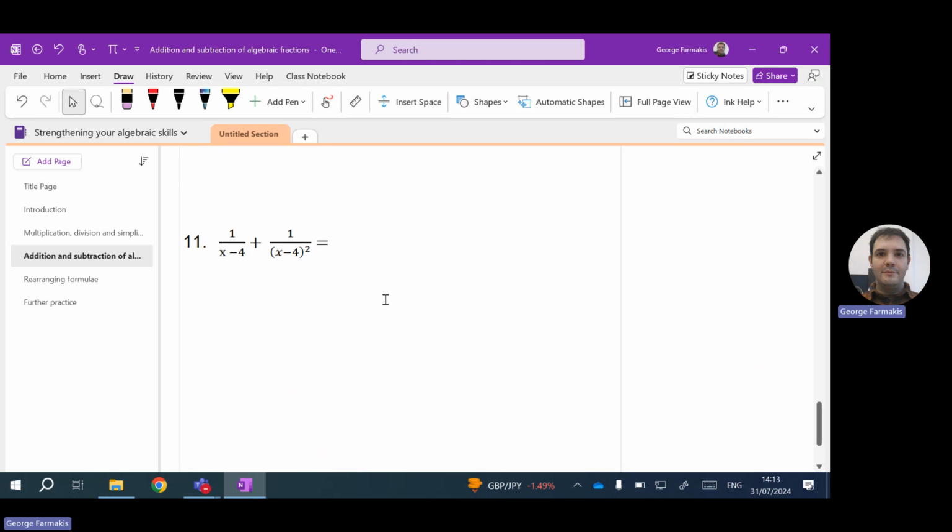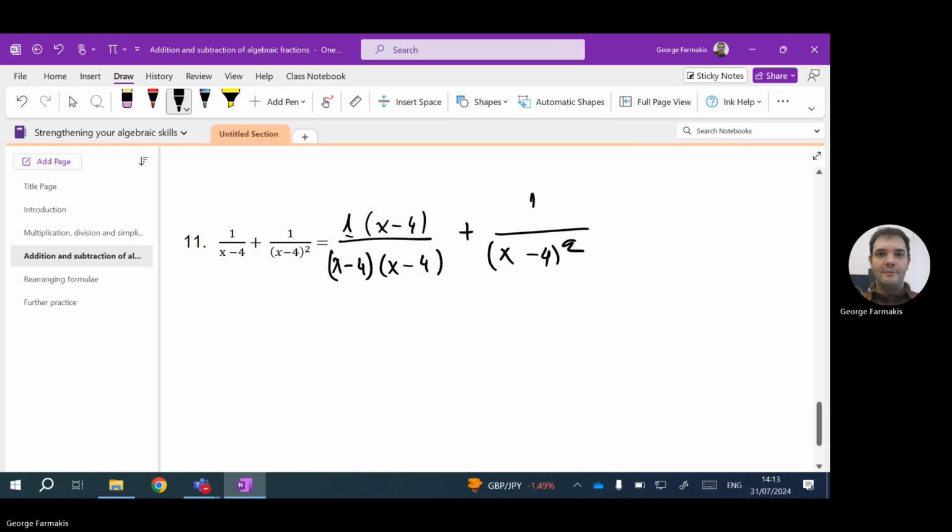Okay, let's do 11. Again, for 11, we see that we have 1 over x minus 4 plus 1 over x minus 4 to the square. So if I want to have same denominators, I can just multiply numerator and denominator of the first fraction with the x minus 4. So I can write this as 1 times (x minus 4) over (x minus 4) times (x minus 4). And I keep the second fraction as it is, x minus 4 to the square.